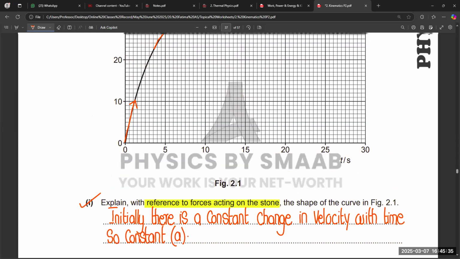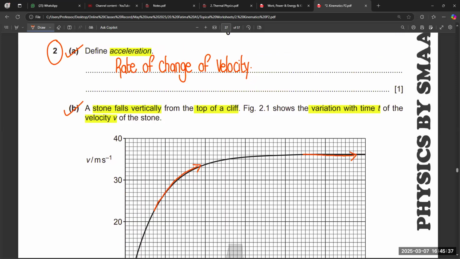And in the question, it is mentioned a stone falls vertically from the top of a cliff. This time, air resistance is not negligible.